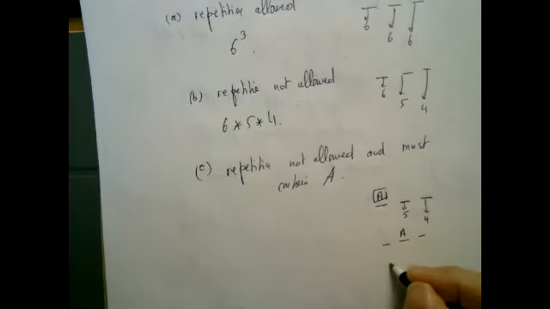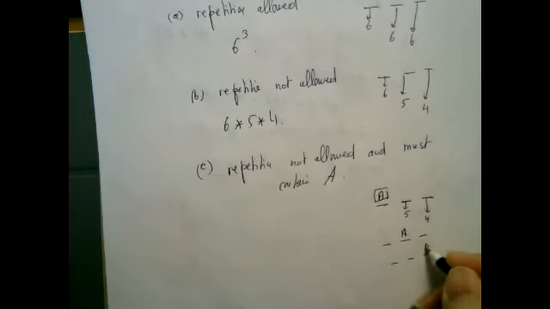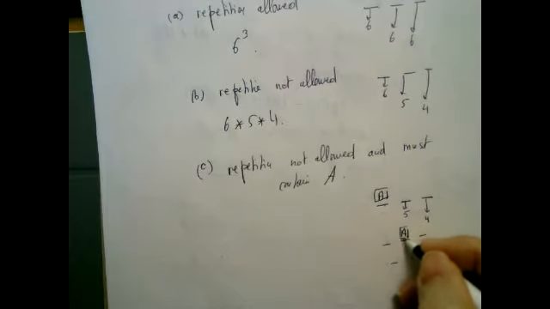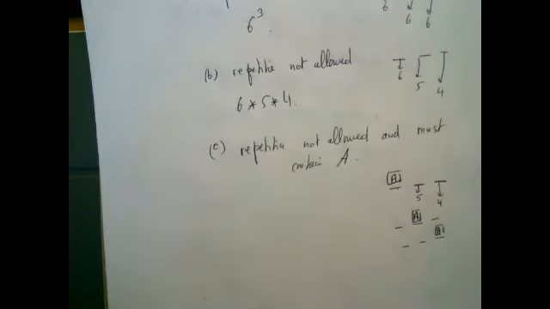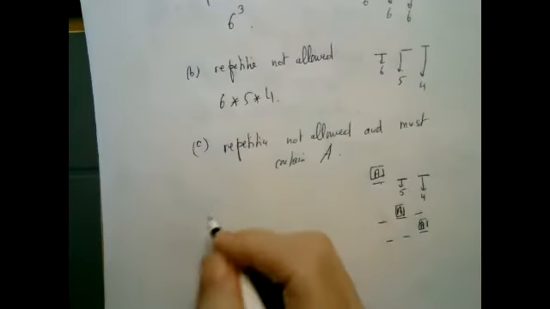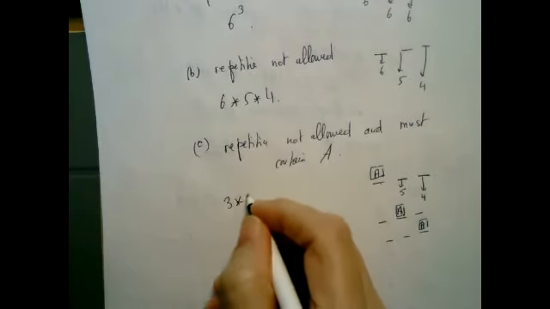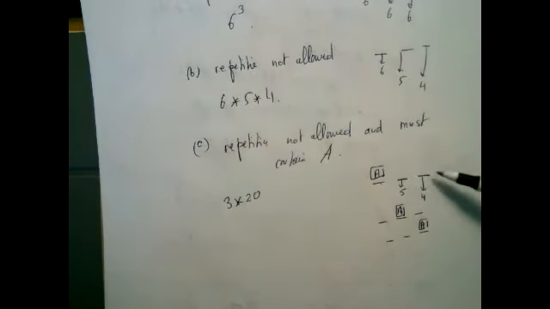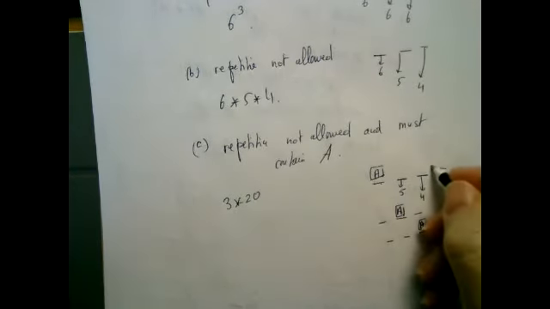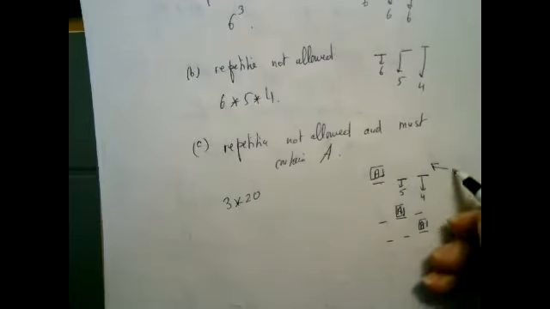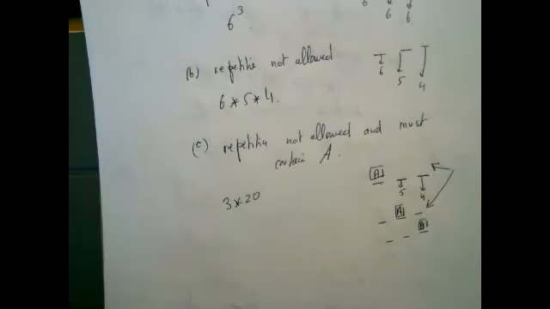It could be here, or it could be here. So we have to take all possibilities. We cannot take one possibility. So it's going to be 3 times 20. And I want to make sure, can those who have A in this spot and those who have A in the second spot intersect?